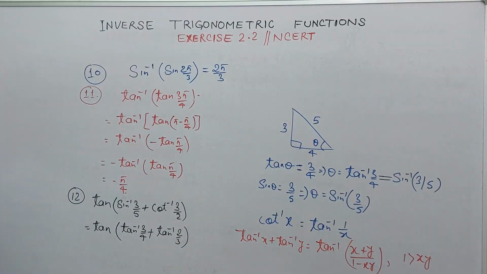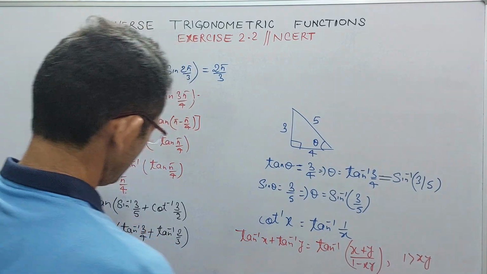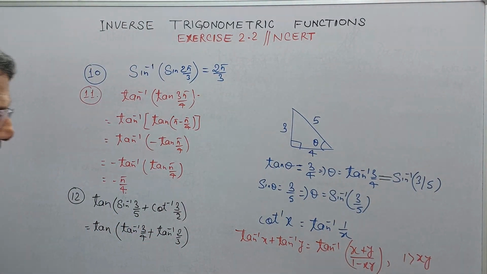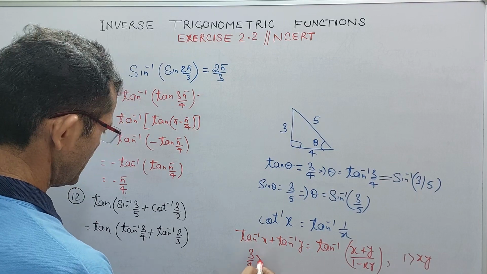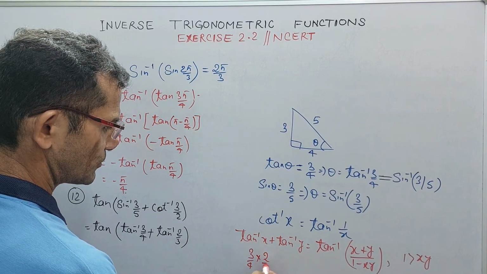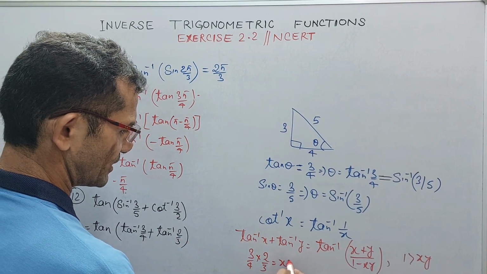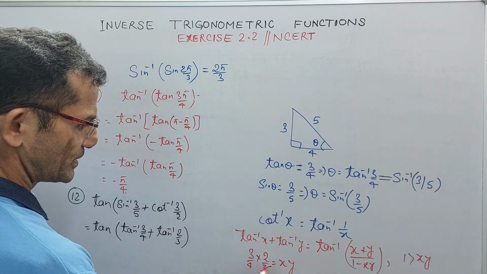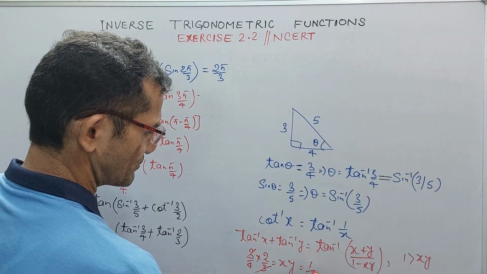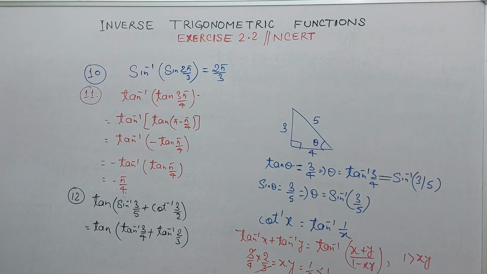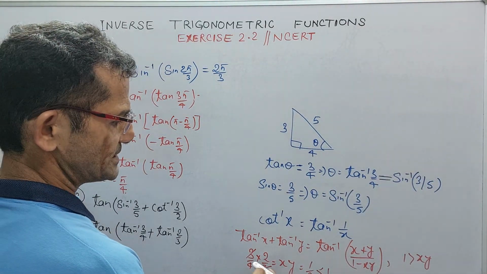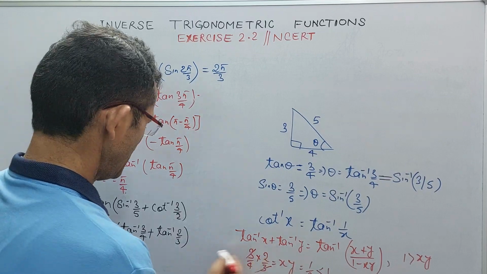So here x and y are 3 by 4 and 2 by 3. So xy is 3 by 4 into 2 by 3; 3 cancels out and the value comes out 1 by 2. Obviously 1 by 2 is less than 1, so we can use this formula here.